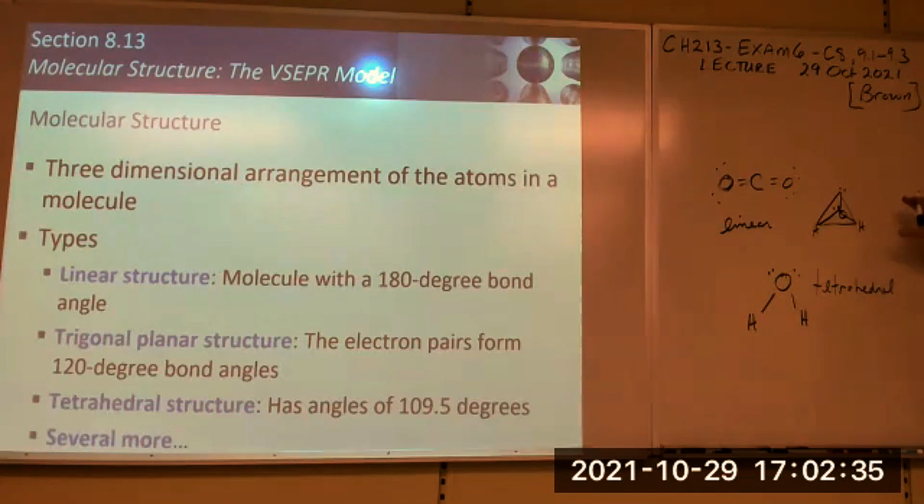So you have a regular tetrahedral shape for these groups. Four groups means tetrahedron, and that's the electronic geometry. The molecular geometry simply covers up the lone pairs and says, what do you got left? Well, what we have left is a bent molecule. That's why we write water like that.